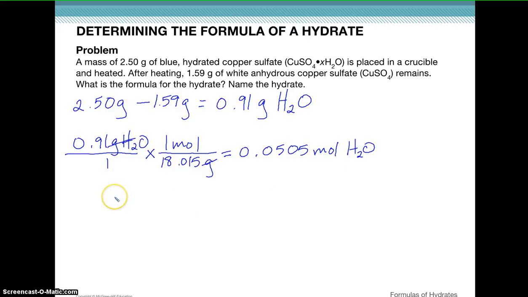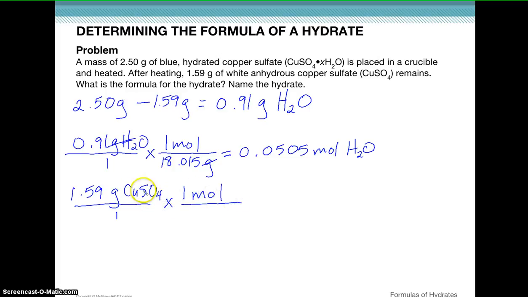Alright, now we do the same thing with copper sulfate, and if you remember, this final mass is just the copper sulfate. Anhydrous means without water. So we can take that mass and convert it to moles. We're going to need the molar mass of copper sulfate.